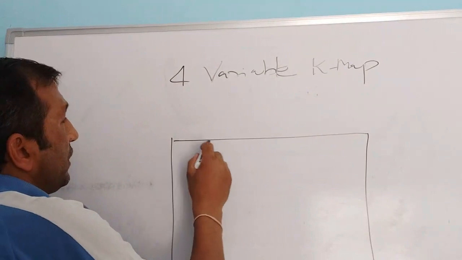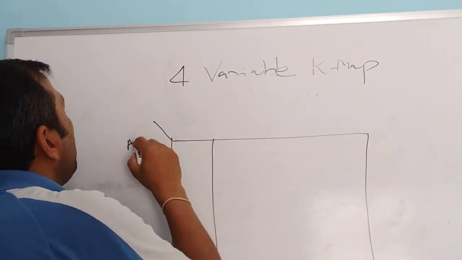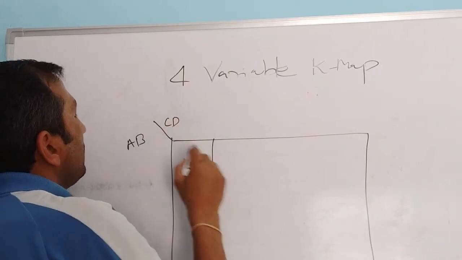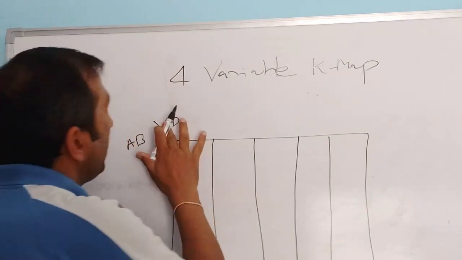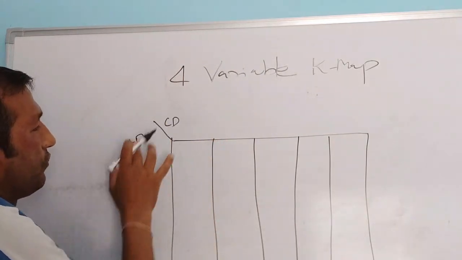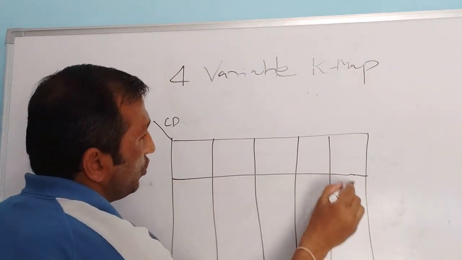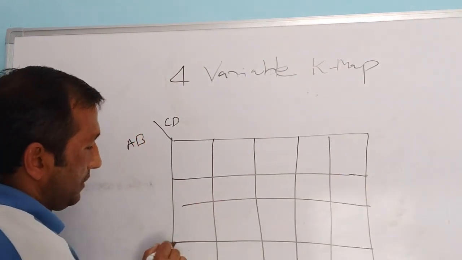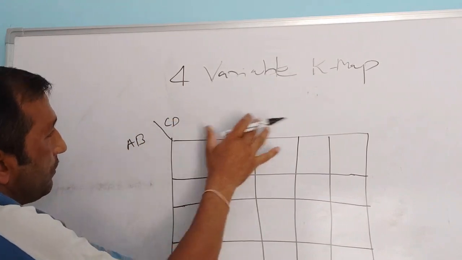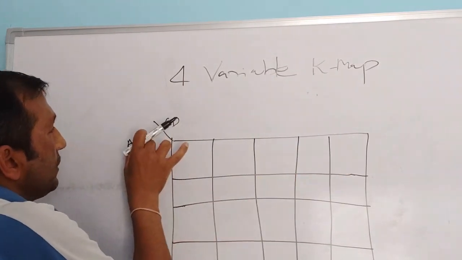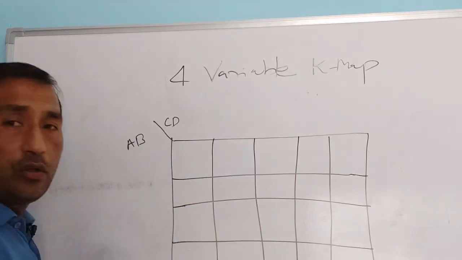This time it is 4 variables, so there will be, let's say, A, B over here and C, D goes here. Okay, so again 4 combinations will be here, 4 will be here. So we'll have 4 columns and 4 rows, unlike 3. In 3 variable there were 2 rows only, but here AB is over here, CD is here, so we will have 4 rows and 4 columns.